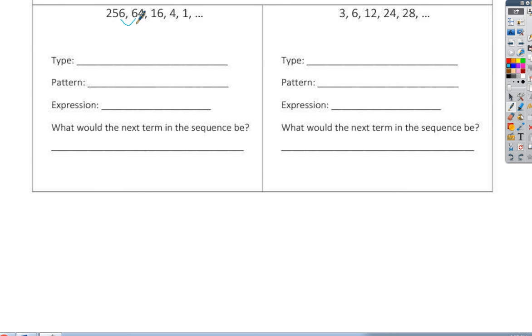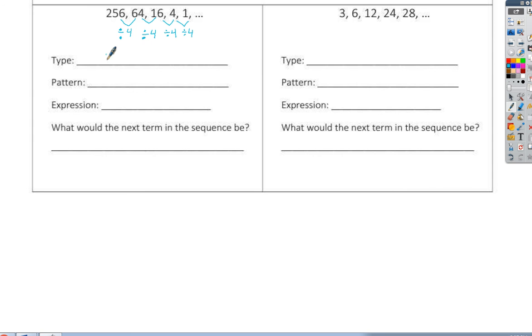So we're dividing by 4 to get to 64. So 256 divided by 4 is 64. 64 divided by 4 gets us to 16. 16 divided by 4 gets us to 4. 4 divided by 4 gets us to 1.